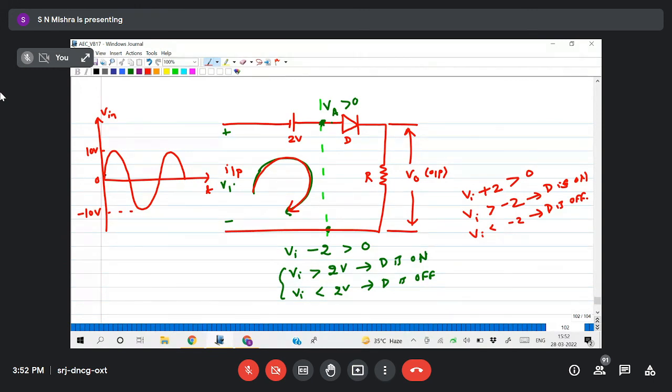Everyone has understood this condition, how we have found out? Yes, sir. Now, like we have found these two equivalent circuits and applied KVL, same way you find and tell what is the answer. Tell me where it will be cut.